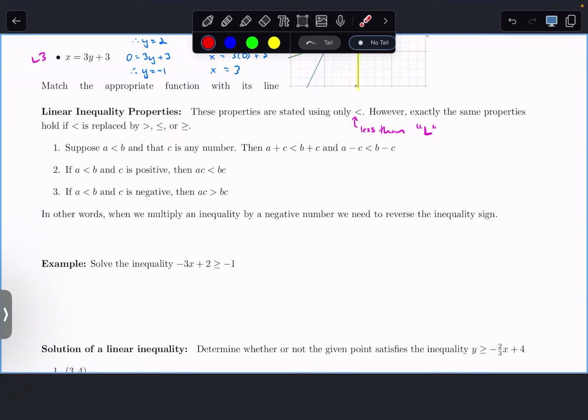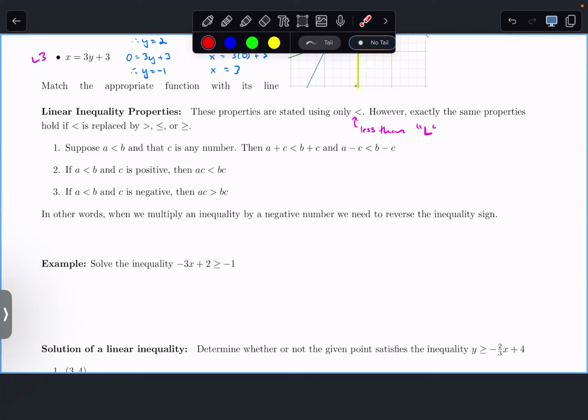We've already talked about those briefly when we talked about sets. And so we've seen inequalities before, but here I realized I hadn't stated the rules officially. So if A is less than B and C can be any number, then if I add C to both sides, the inequality stays the same. A plus C is less than B plus C, right? Same thing if I subtract C, it'll just stay the same.